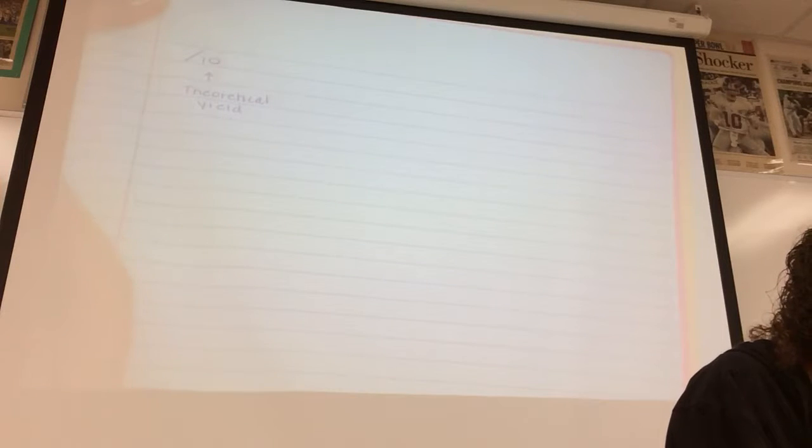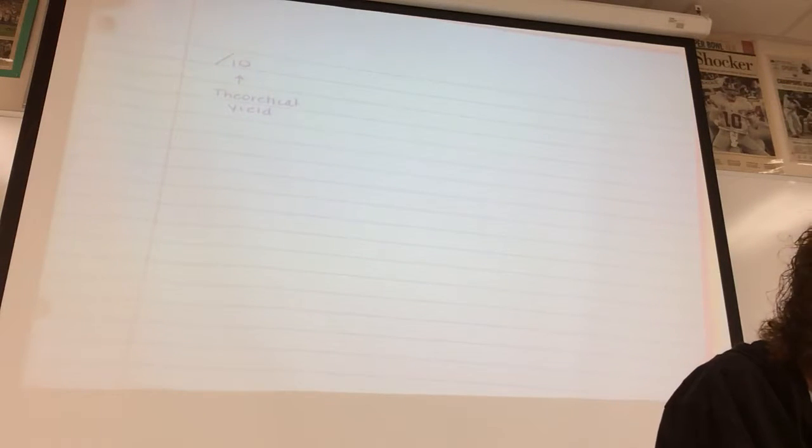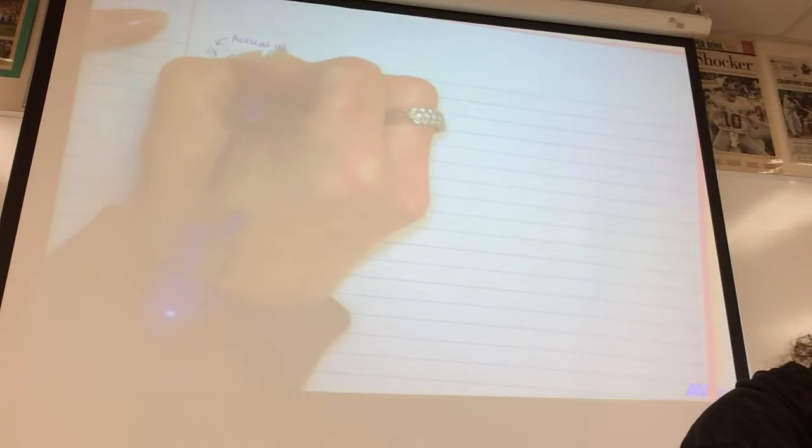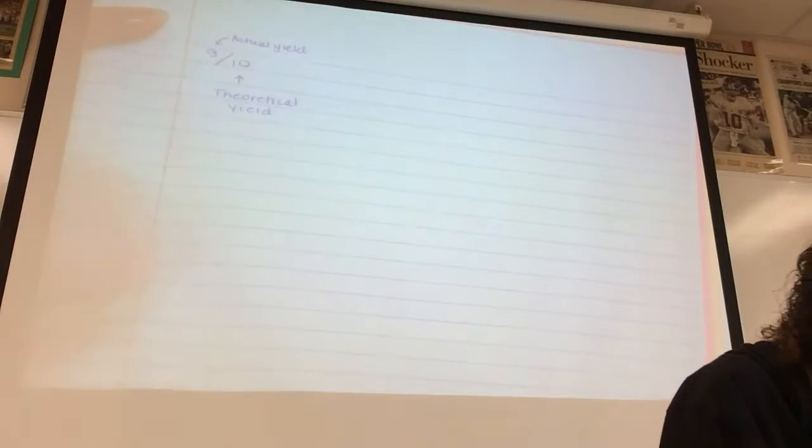In the laboratory, that would be the mass of one of the products that you should be able to generate. Let's say, for example, that you got a 9 on the remedial quiz. That's your actual yield. That's the score you got out of the 10.